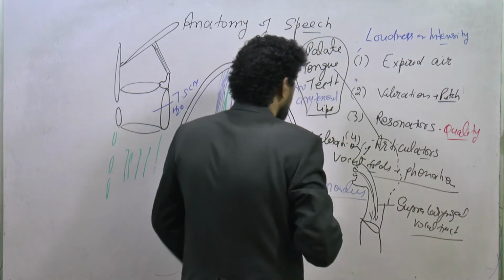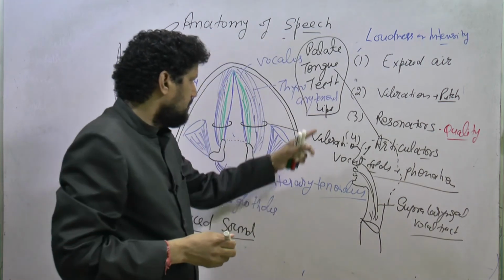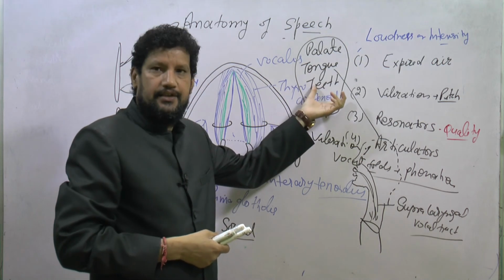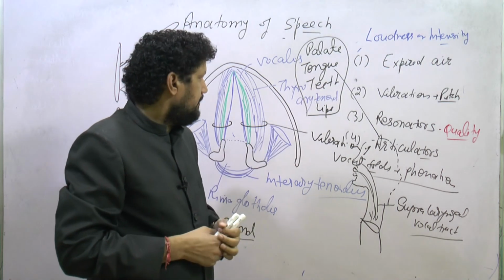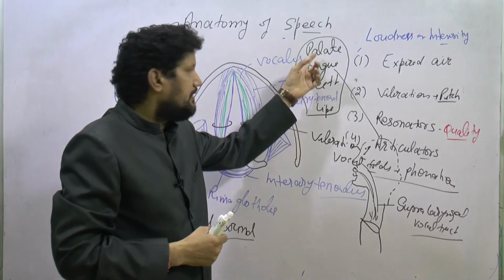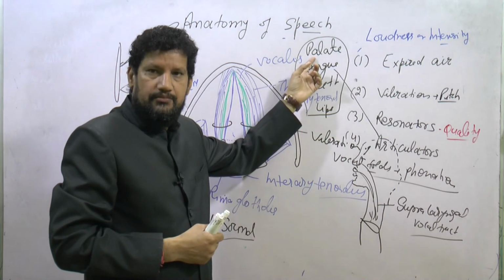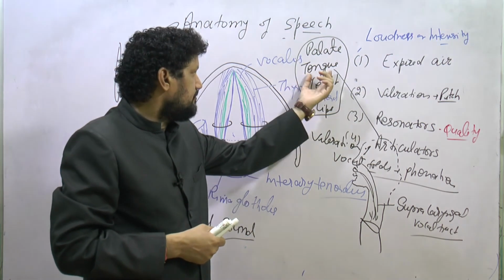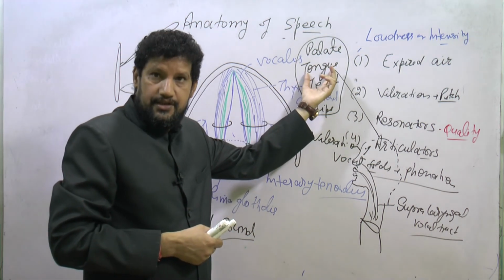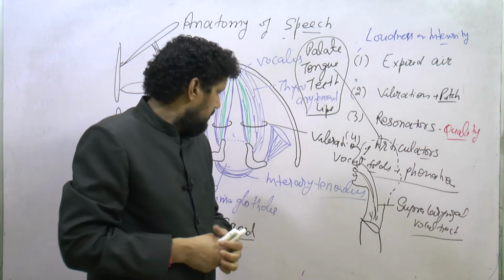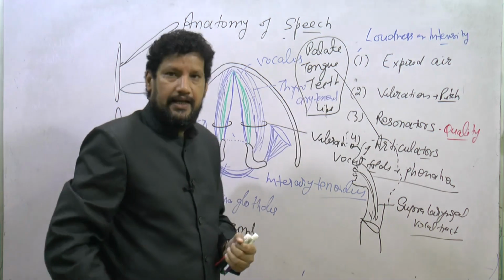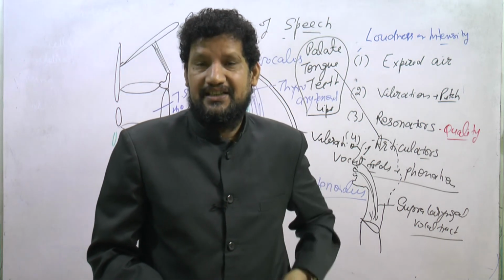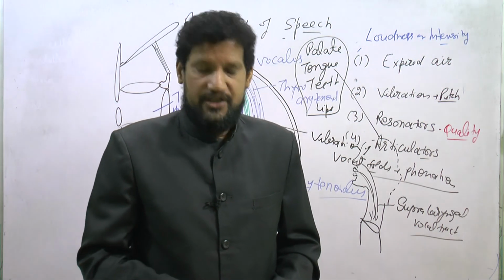Some consonants are produced by lips, known as labial, and with the lips and teeth, labiodental. Some are produced by the palate, but all require the intrinsic muscles of the tongue. So this is the complex anatomy of the speech, which has voiced and unvoiced sounds.